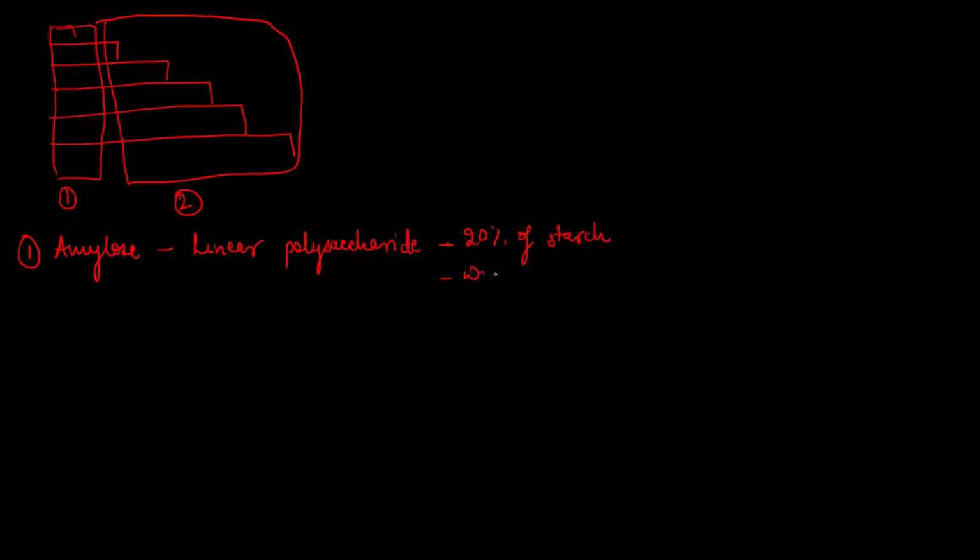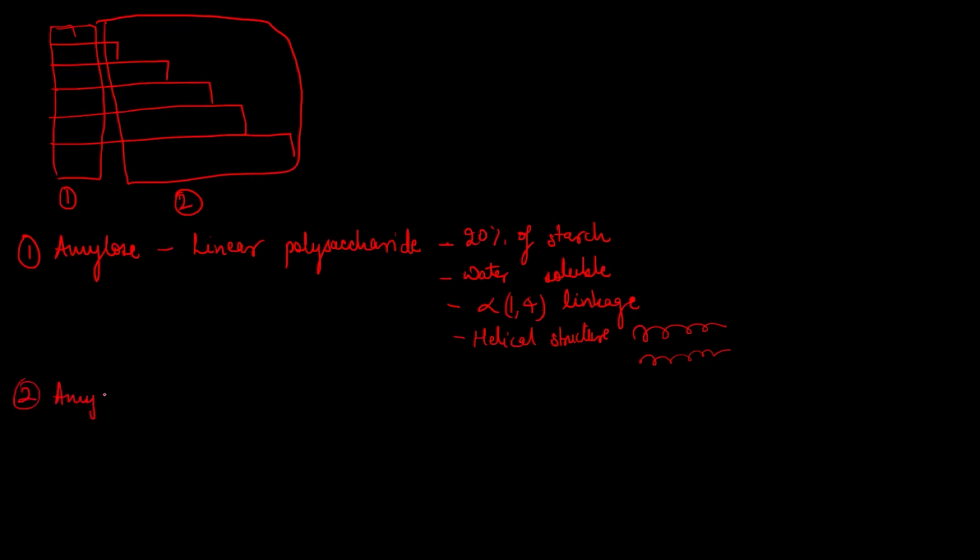It is water soluble, and it has alpha 1 4 linkage. Since it is linear, it has alpha 1 4 linkage, and its structure is helical. It will look something like this. Now, the branched part, or the second part, is amylopectin.